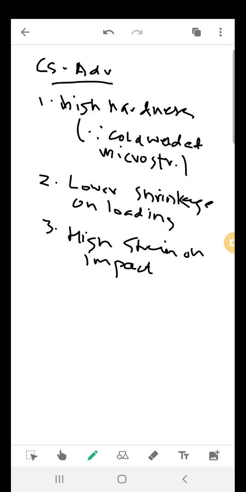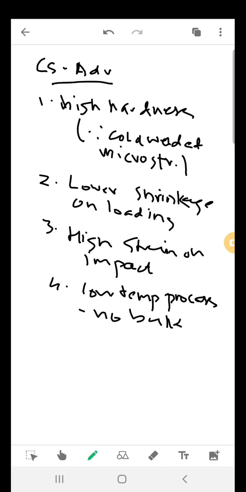Then, since it is a low temperature process, there is no bulk particle melting.